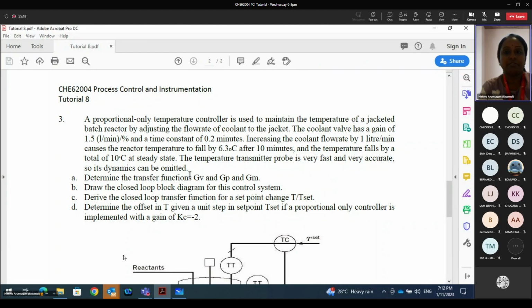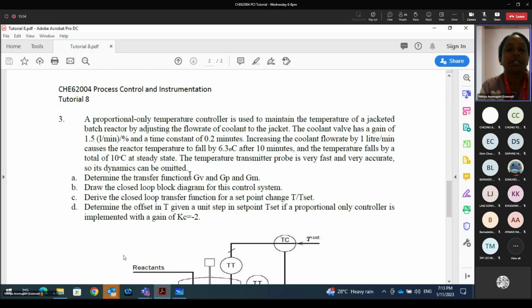The coolant valve has a gain of 1.5 liter per minute and a time constant of 0.2 minutes. Increasing the coolant flow rate by 1 liter per minute causes the reactor temperature to fall by 6.3 degrees Celsius after 10 minutes, and the temperature falls by a total of 10 degrees Celsius at steady state.